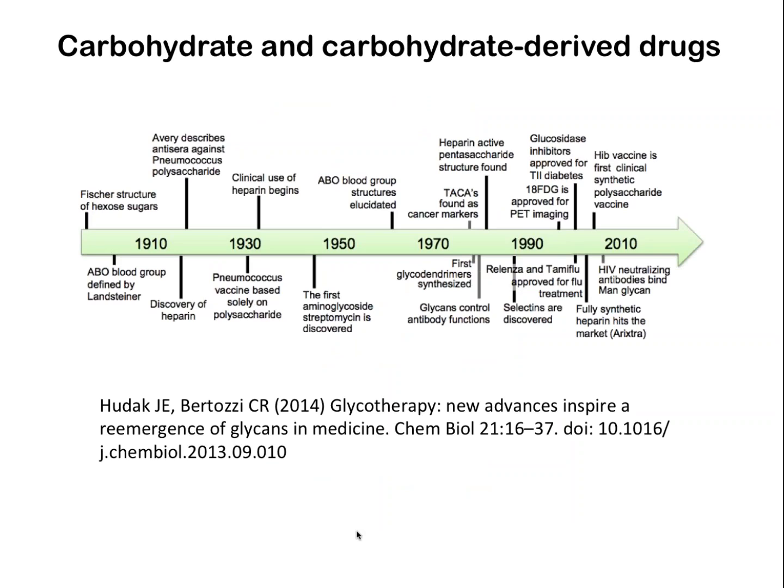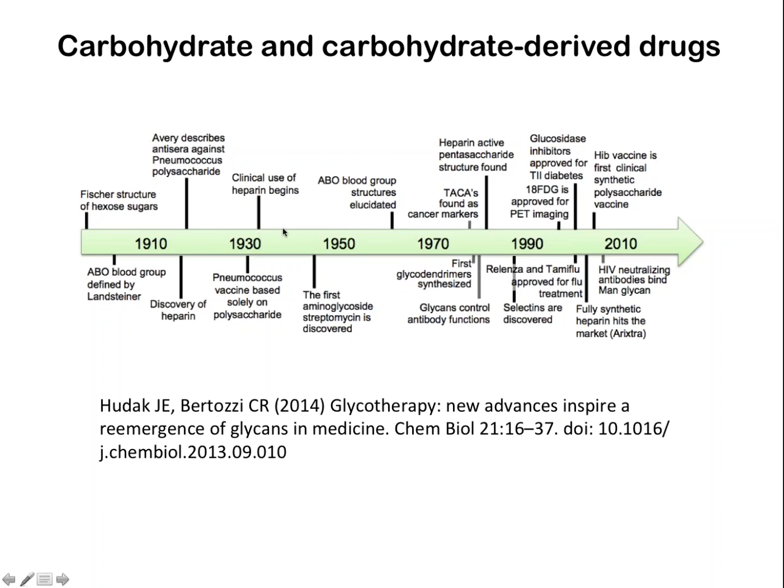The field of carbohydrates goes back a long time, but the structural work started essentially in 1910, when Fischer discovered that the structures are hexoses and looked into the structures.